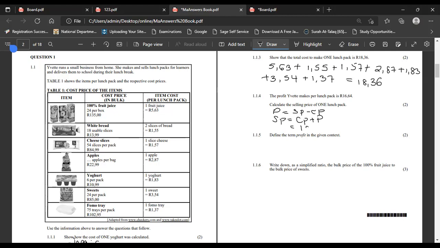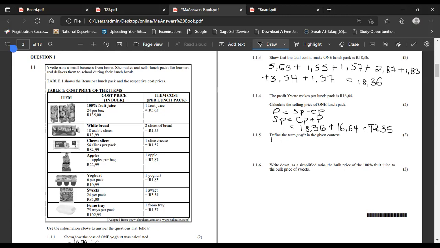So the cost price is 18 rand 36 cents plus the profit, which is 16 rand 64 cents. You end up having 35 what? Rands.